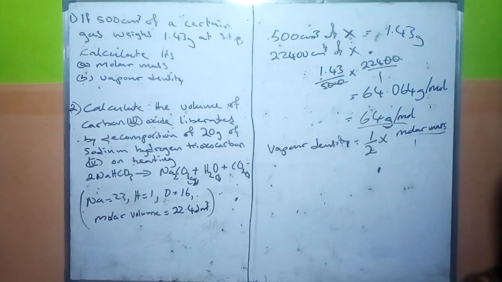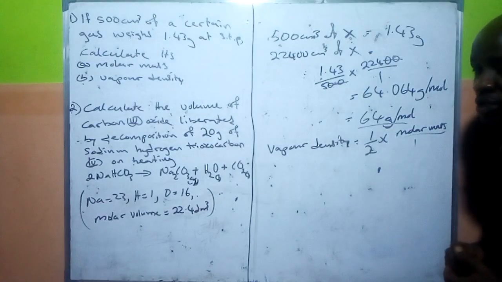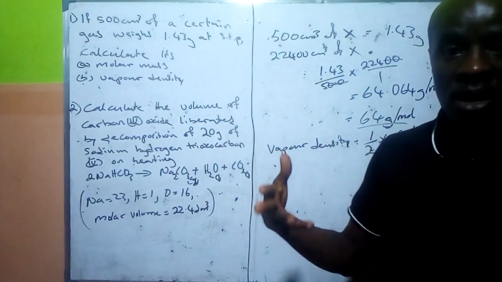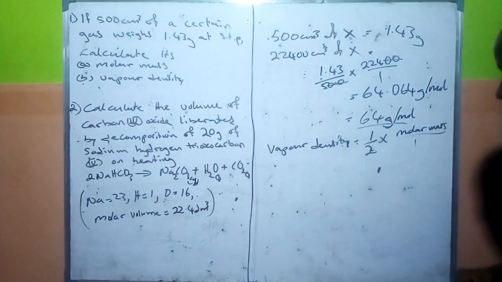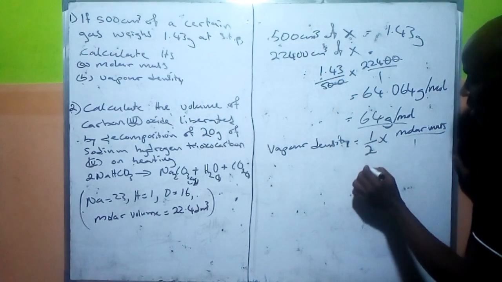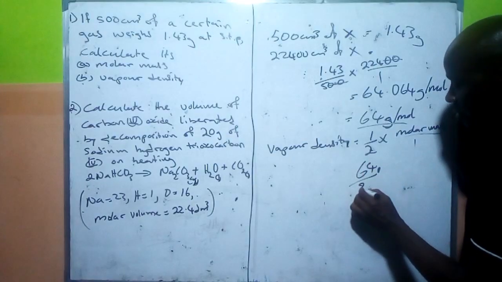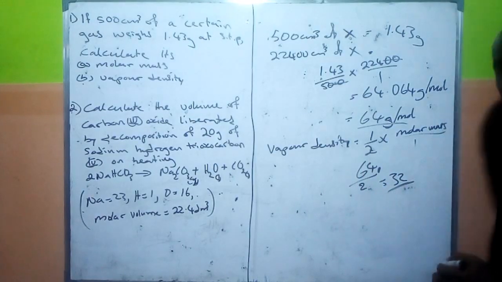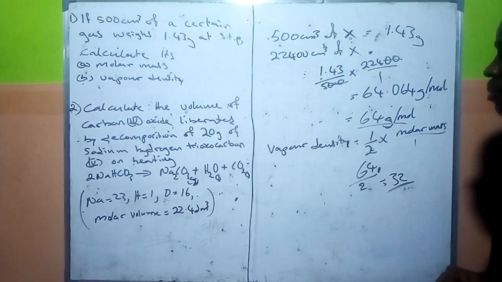Half times molar mass will give us the vapor density, because the vapor density of every gas is half of the molar mass, or relative molecular mass, of the gas as the case may be. So the molar mass is 64 divided by 2. That gives us 32. That is our vapor density.